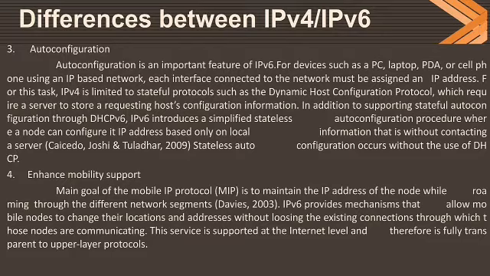In addition to supporting stateful auto-configuration through DHCP version 6, IP version 6 introduced a simplified stateless auto-configuration procedure where a node can configure its IP address based only on local information, that is, without contacting a server. Stateless auto-configuration occurs without the use of DHCP.